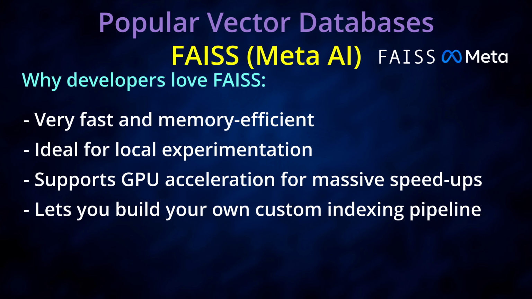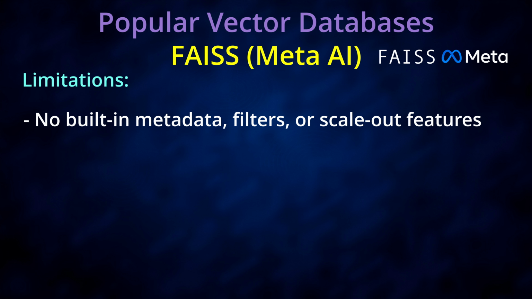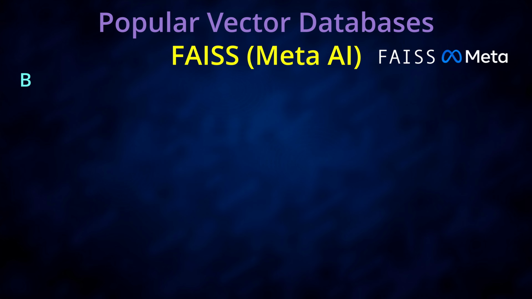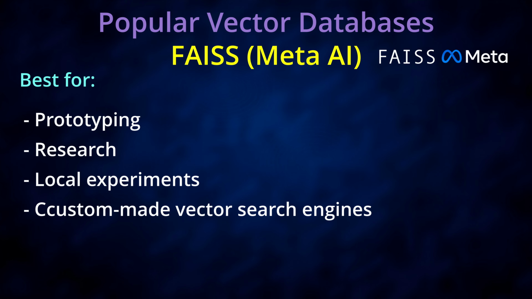Lets you build your own custom indexing pipeline. Limitations. No built-in metadata, filters, or scale-out features. Requires you to design your own storage plus API layer. Best for prototyping, research, local experiments, or custom-made vector search engines.